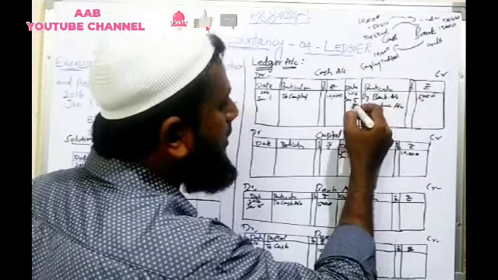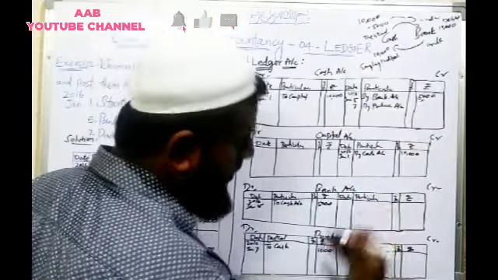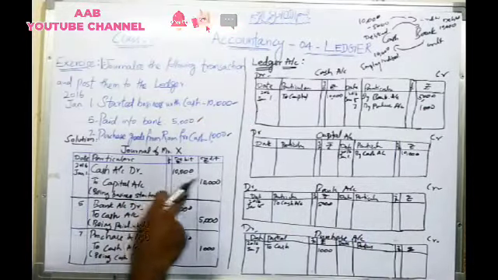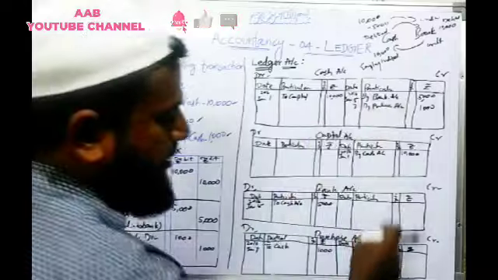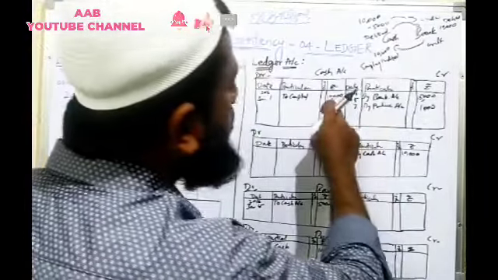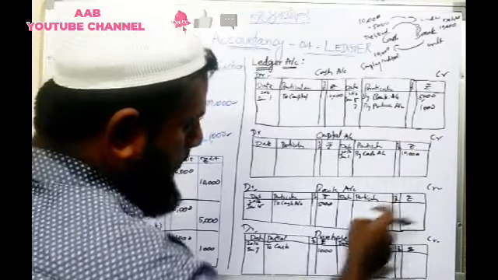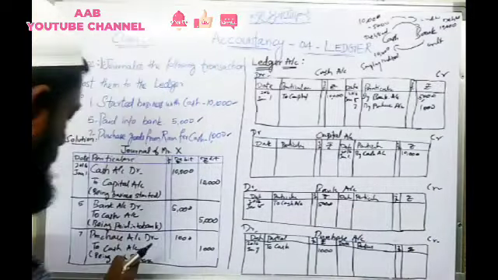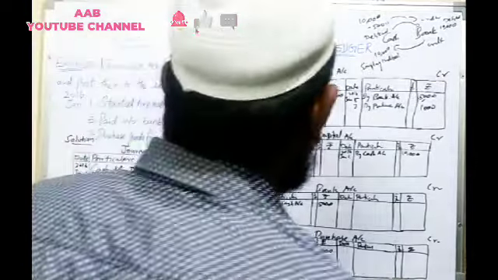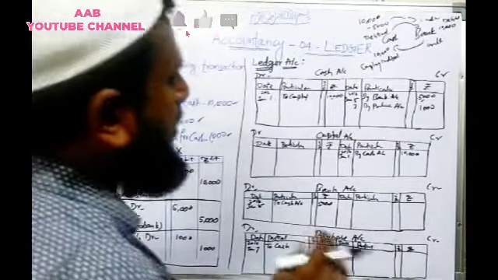So date 7, how much? 10,000 rupees. Okay, that's all. Now we have to check whether the transactions written down are correct entries or not. So 1, 2, 3, 4, 5, 6. So 2, 4, 6, six transactions are written down. So the entry is perfect, alhamdulillah.